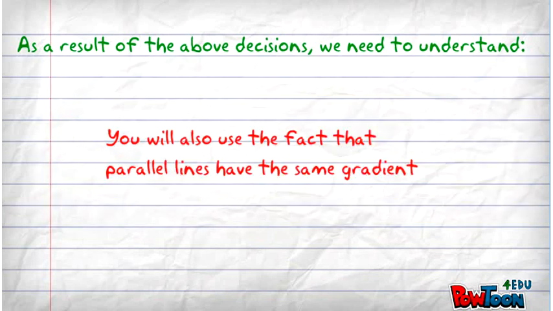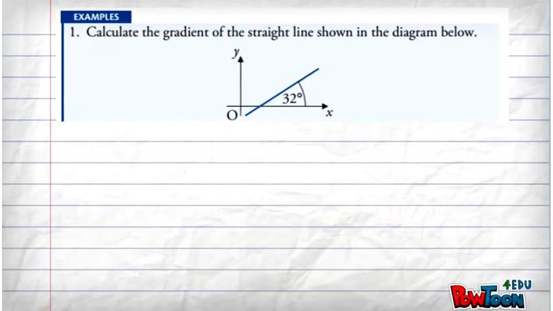You will also use the fact, as it says here, that parallel lines have the same gradient. So the gradient of parallel lines is the same. Now here's an example. Stop the playback and try this one here.